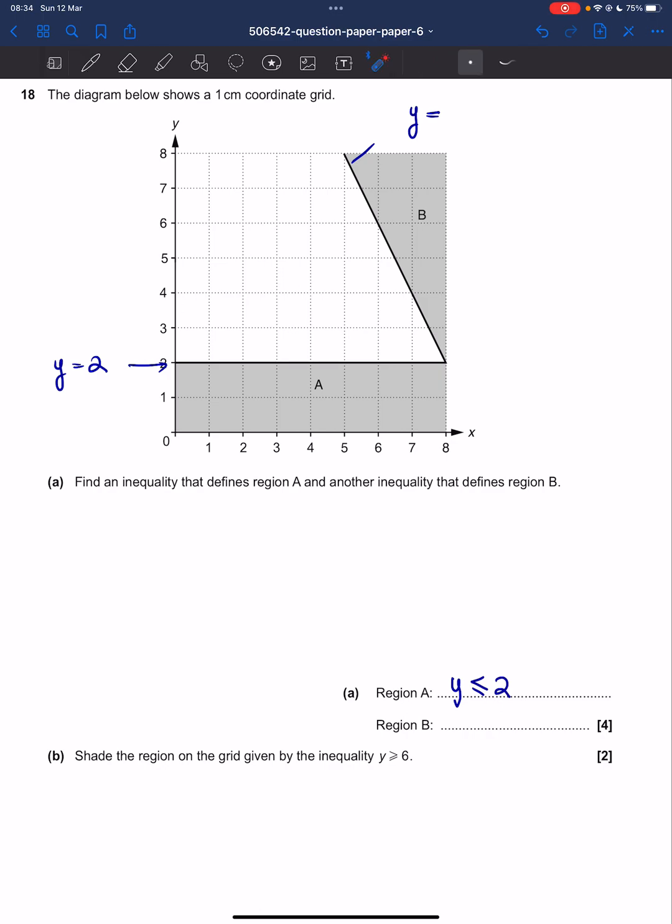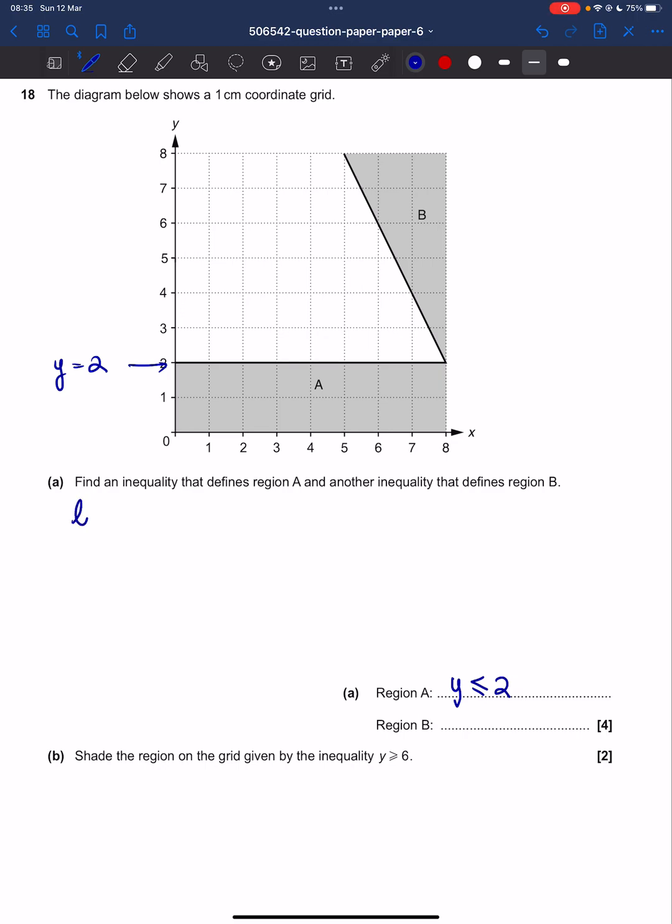It's because it's a bold line, it's allowed to be equal to 2. If it was dotted, it would be just less than 2. So now we need the line for B. I'm not going to try and squeeze this in up here actually. A was quite easy, you could just do it on the diagram because it's y equals 2.